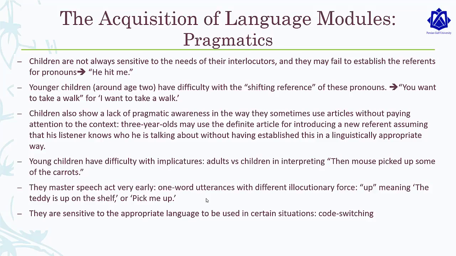So this shows that even if they are very young, they are sensitive to what is the appropriate language to be used when they are talking to a bilingual like themselves. This happens in bilingual children.